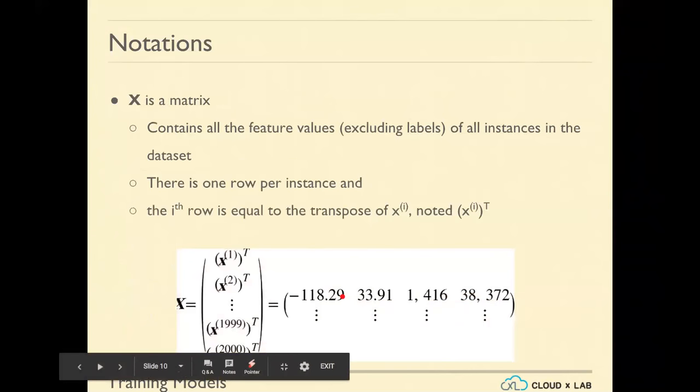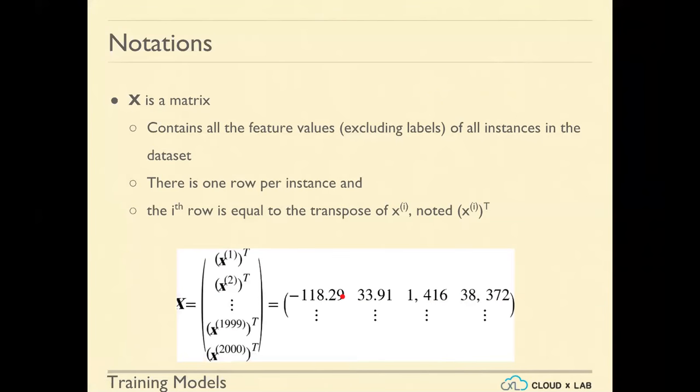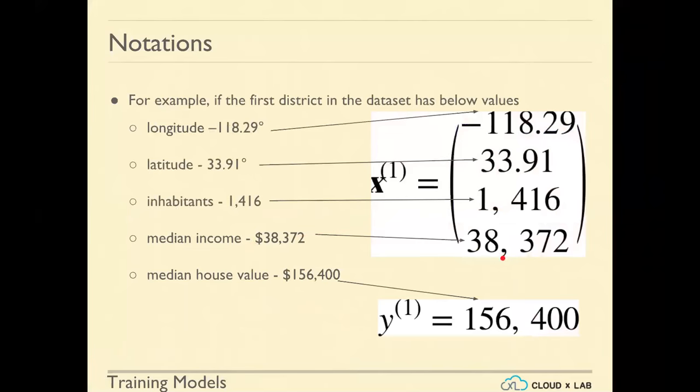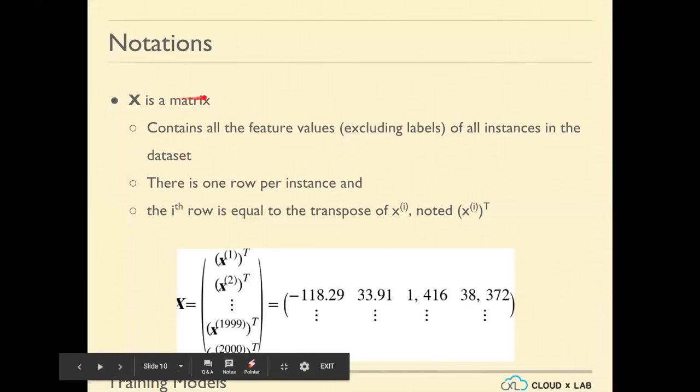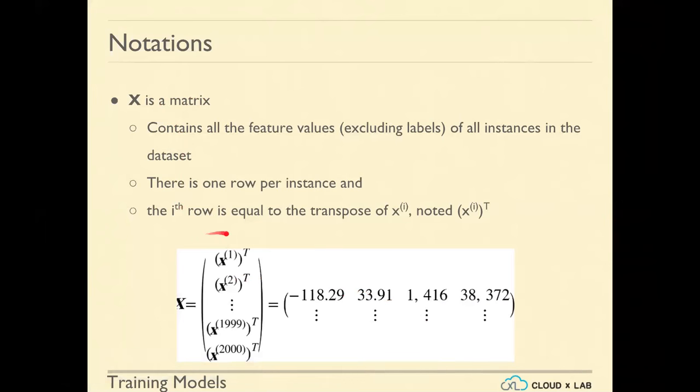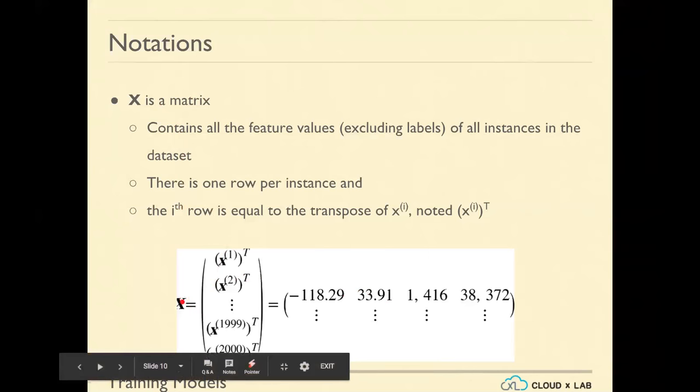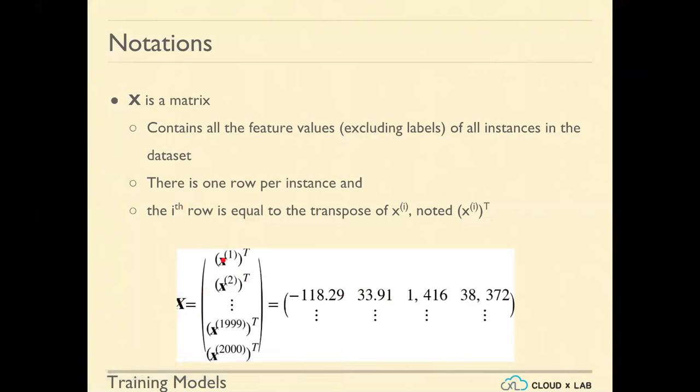All right. Now, the capital X is the matrix. It contains all the feature values. So X1 is a vertical one like this, right, a column. And if we want to prepare a matrix of all the features from the whole data set, then that will be called capital X. So X1 T, why T? Because X1 was a column and we want to convert it into a row, right? That's why we are transposing it.